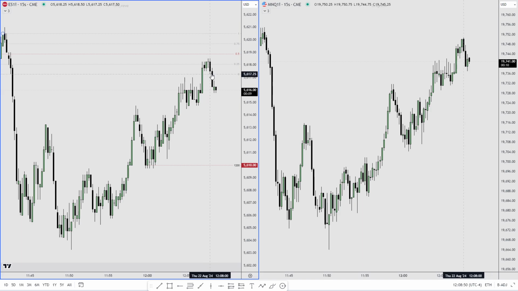This could be inverse fair value gap. Doesn't really matter. It's not a thing that I trade.